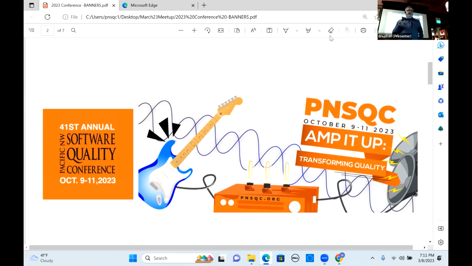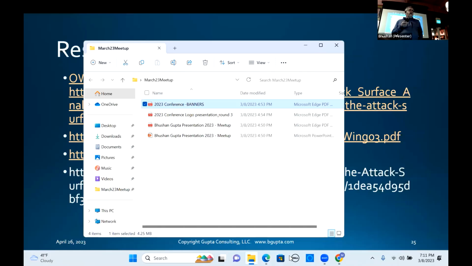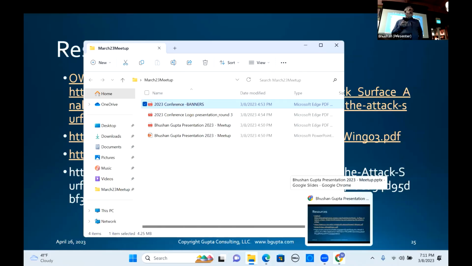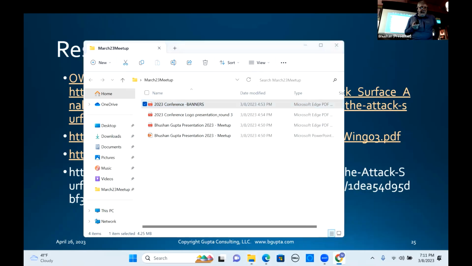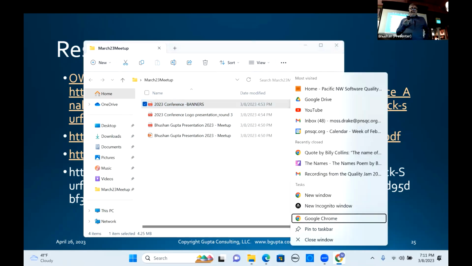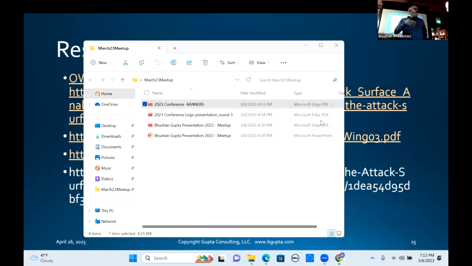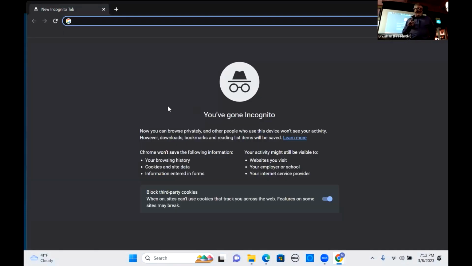Then we'll assign some paper reviewers to your paper and help you develop the idea into a full 10 or 12 page paper, which gets published in the proceedings.